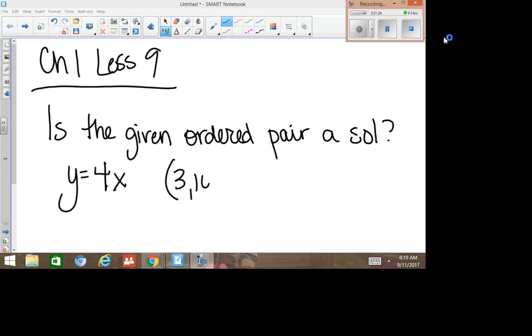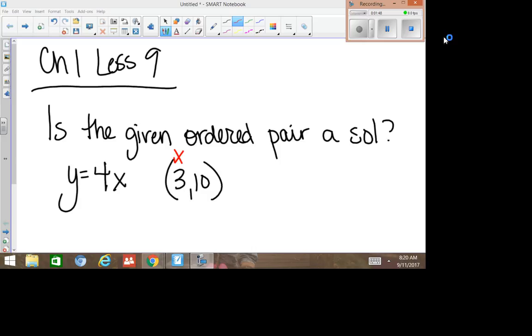Okay. So, is this ordered pair a solution? Do you remember the ordered pair? Which one's X, which one's Y? X is the 3. It goes in alphabetical order.